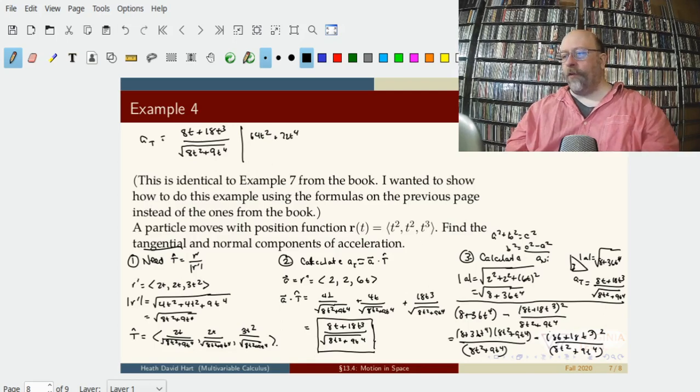Inner is 36t to the fourth times 8t squared. 36 times 8 is 288. And t to the fourth times t squared is t to the sixth. All right.